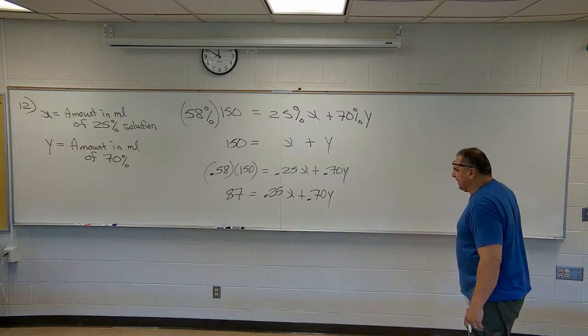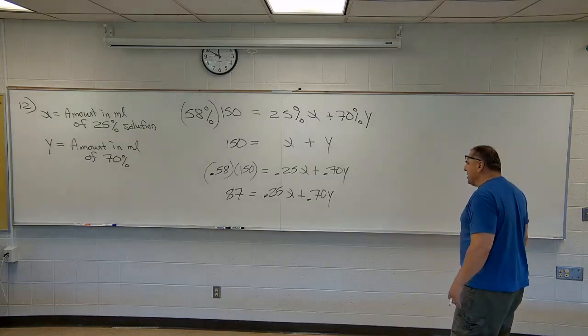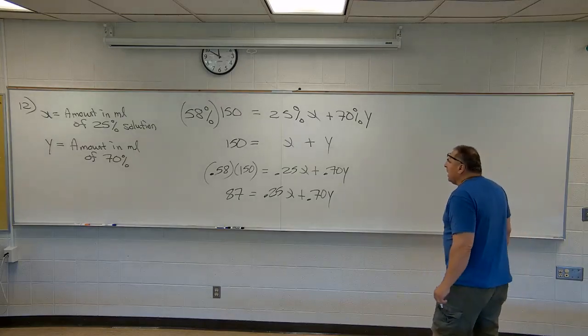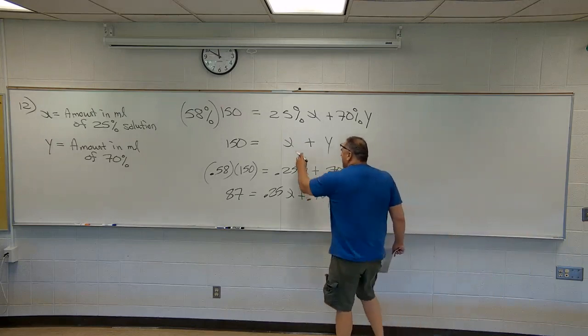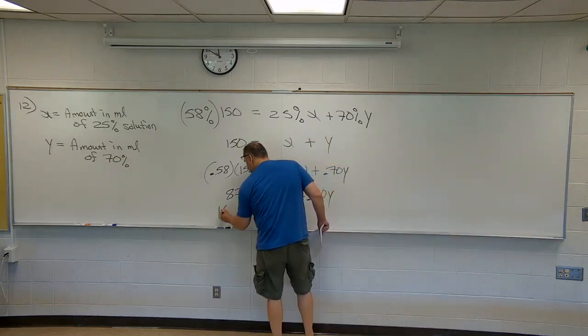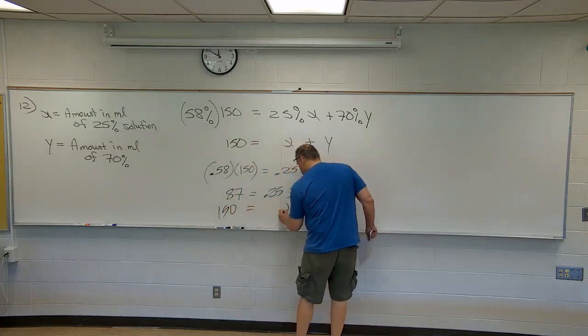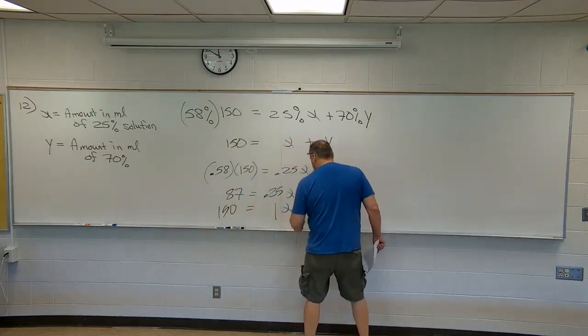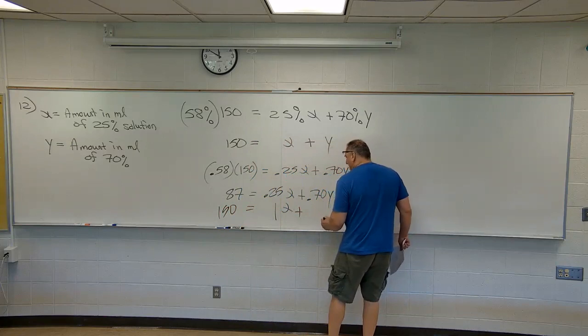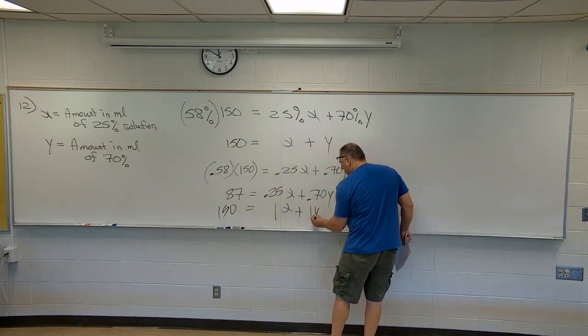Now what? You can leave it like this, no big deal. And then the other equation is this: 150 equals x, which is the same as 1x, plus y, which is the same as 1y.